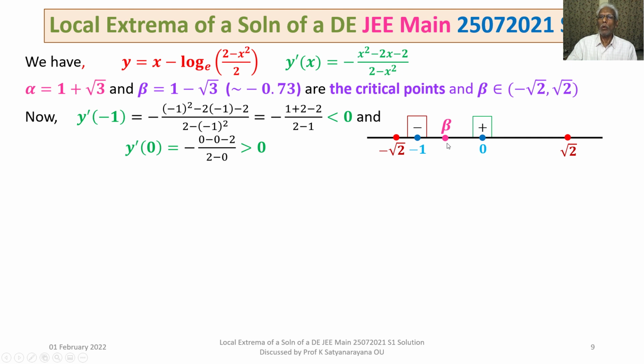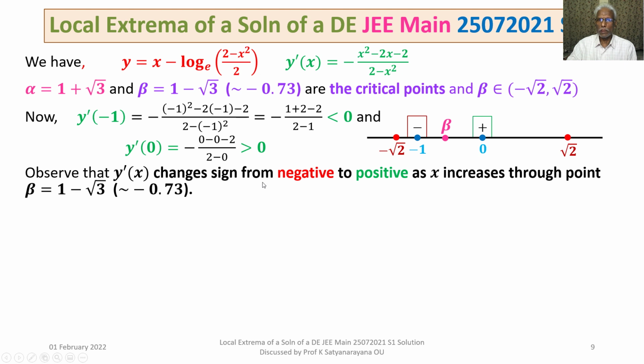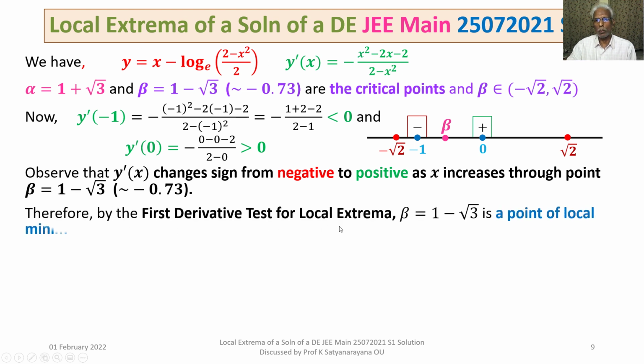Therefore, we have a local minimum at beta by the first derivative test. Observe that y prime x changes sign from negative to positive as x increases through the point beta. Therefore, by the first derivative test for local extrema, beta is a point of local minima.